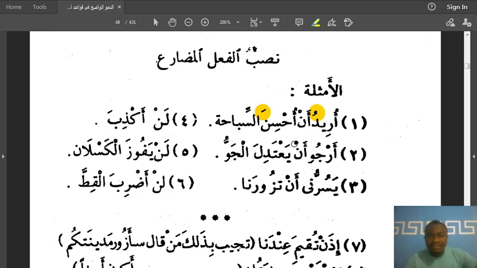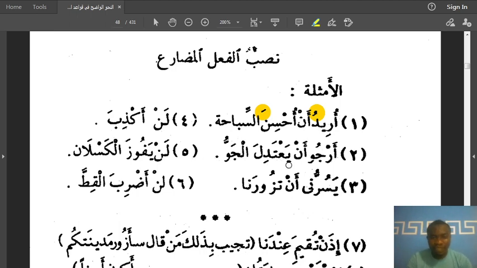Then it says, Arju an ya'tadila al-jaw. I wish that the atmosphere, al-jaw, as we've seen previously, an ya'tadila, to become normal. I wish the atmosphere will become normal, that is, will settle.